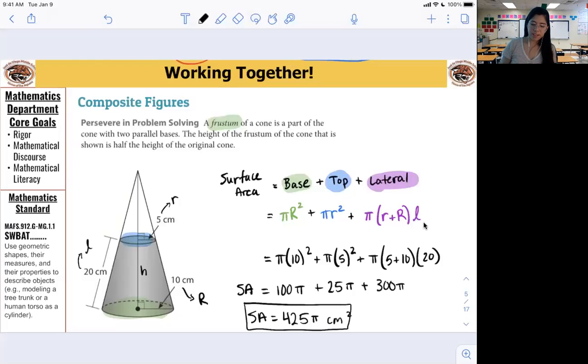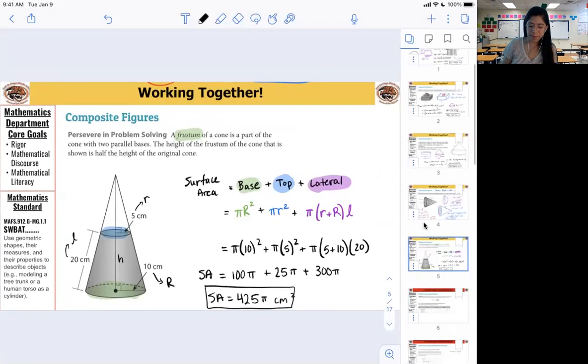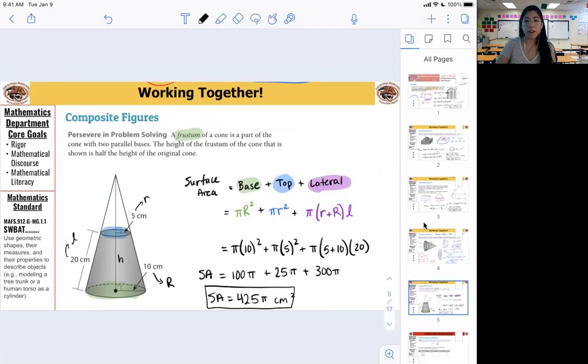All right, that was it for composite figures. From here on out, remember, there will be a quiz on Friday, like there always is.